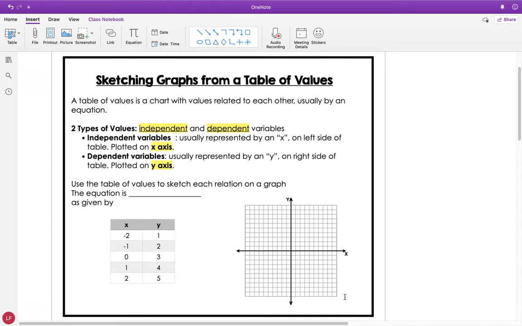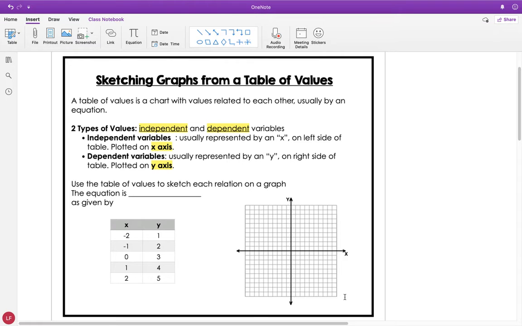So sketching graphs from a table of value or from equations is a very important skill. And the way we explain linear relations is that it is a relationship between two variables, or an independent and dependent variable.